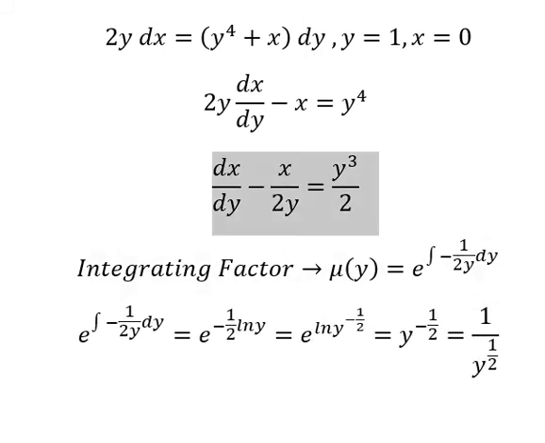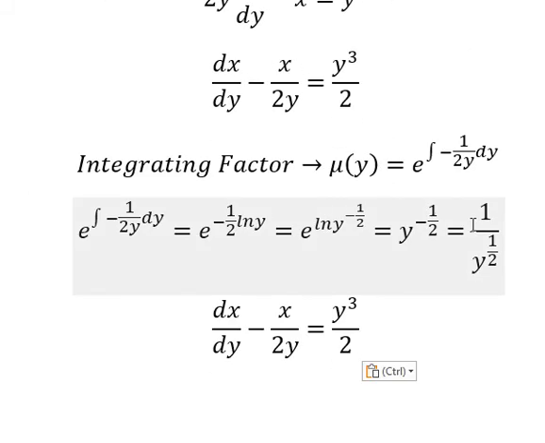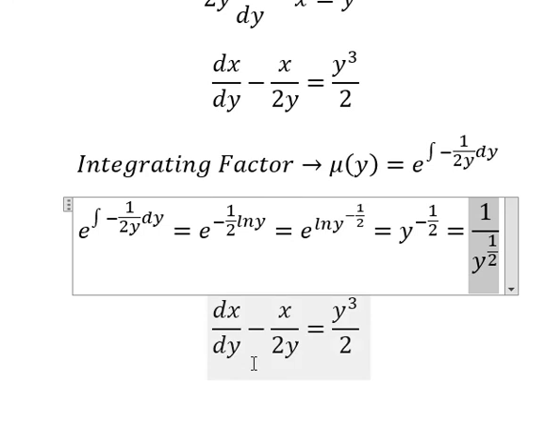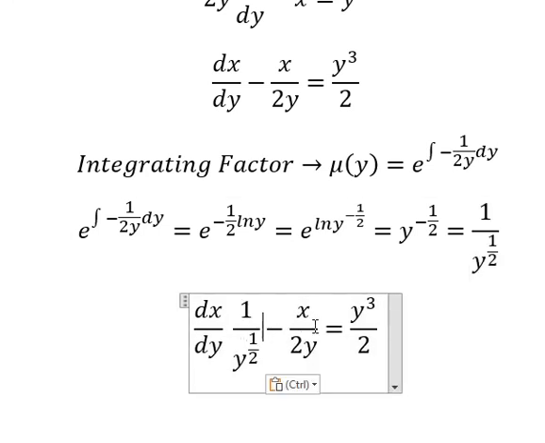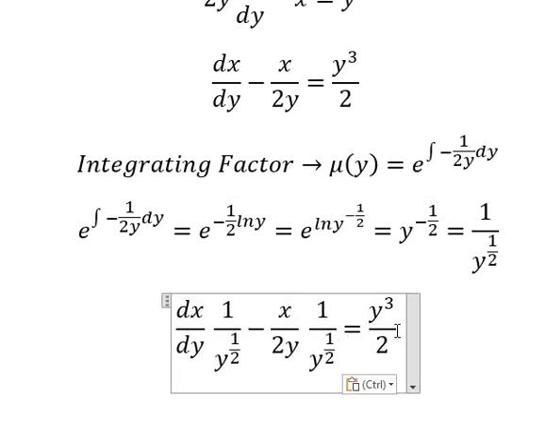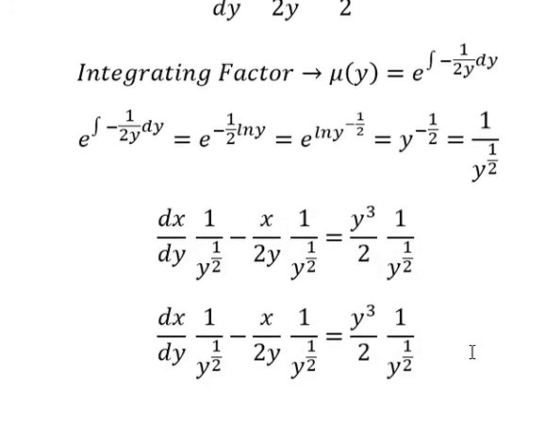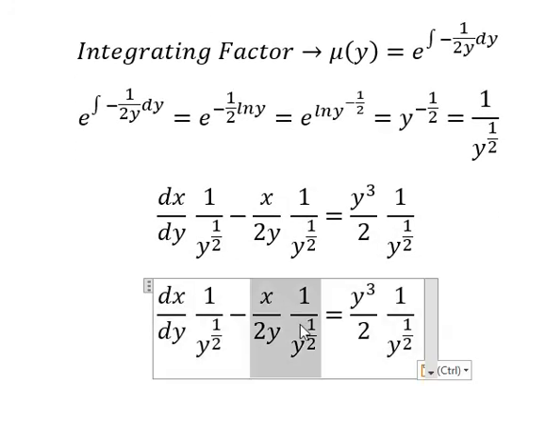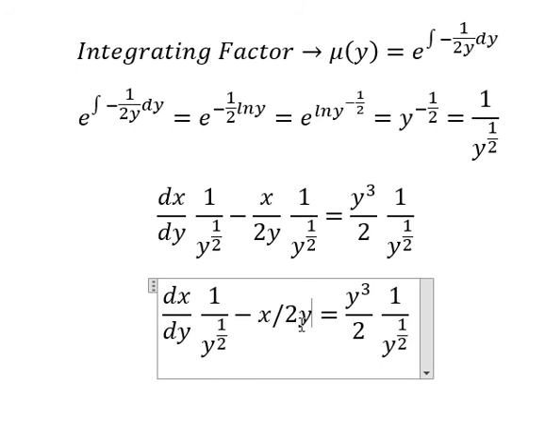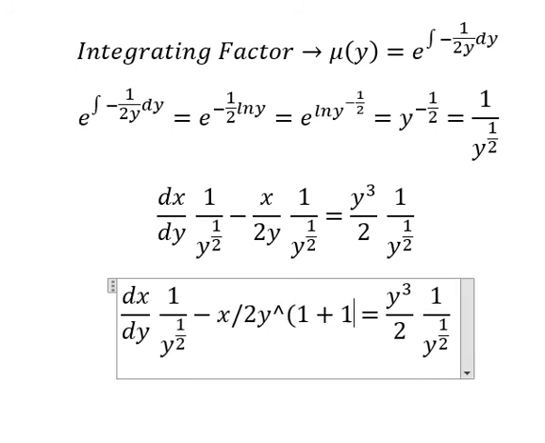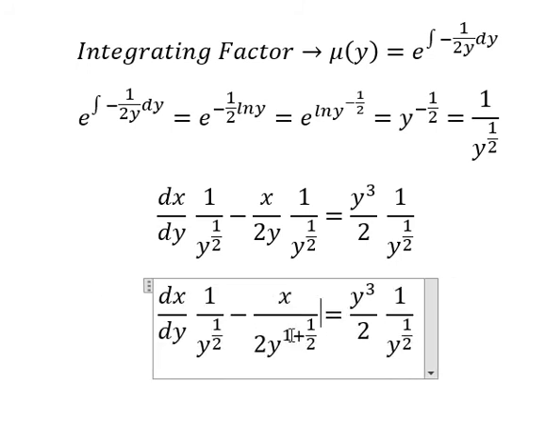Now, we need to multiply both sides by this one. So this one we have x over 2, y to the power of 1 plus 1 over 2. And this one we have 3 over 2.